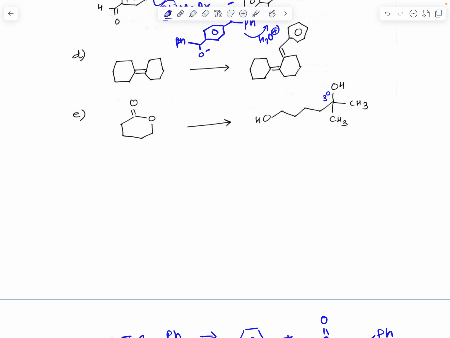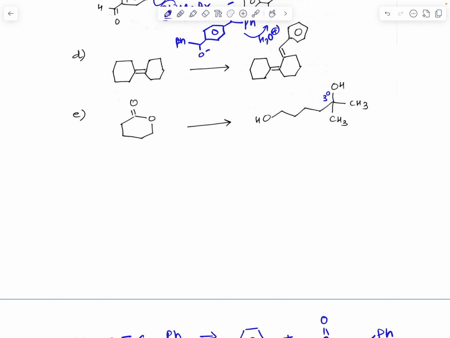So that's a 3-degree alcohol with two identical groups. Anytime you see a 3-degree alcohol with two identical groups, that means you're using a Grignard reagent, with one of these groups, attacking an ester. If you look at this, that's a cyclic ester. It's a lactone. So all you have to do is take a Grignard reagent, CH3MgBr, and attack this ester.